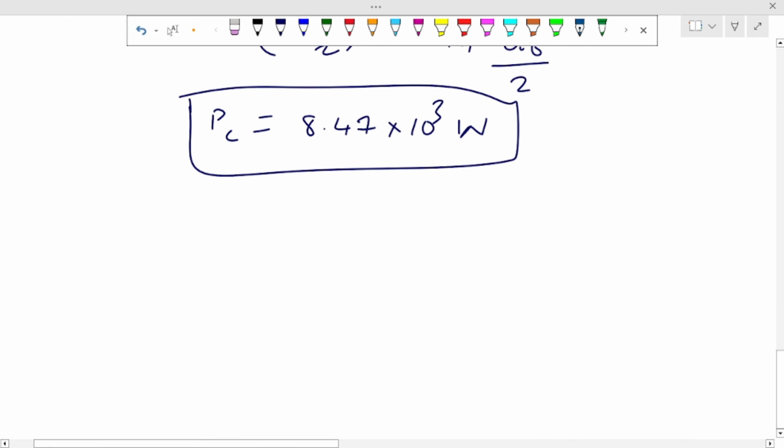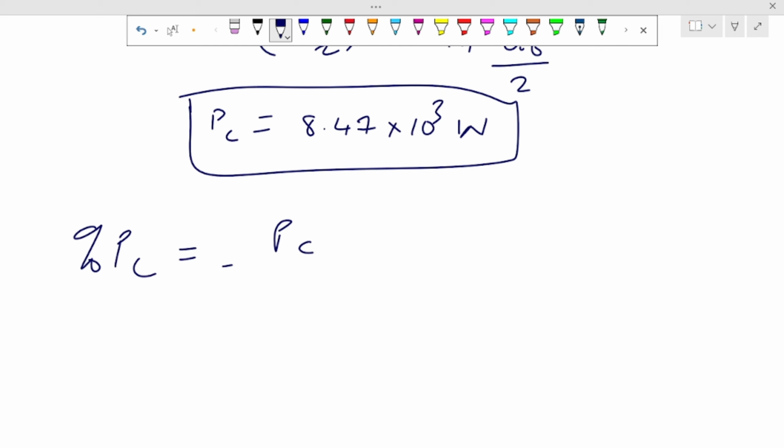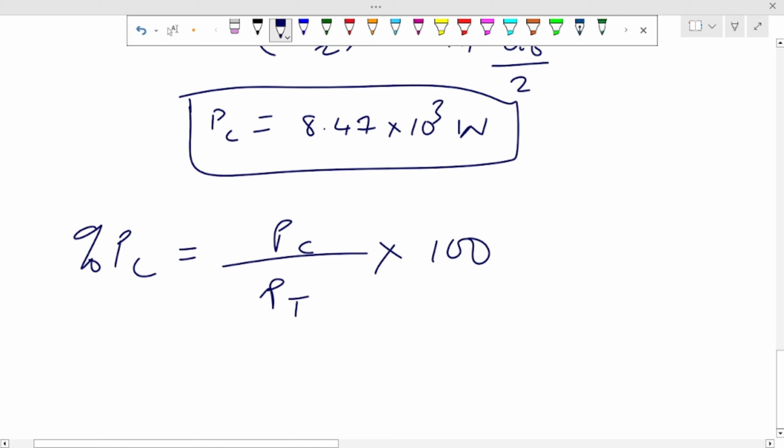So percentage will be what? Let me do it this way. Percentage of this will be this over the total multiplied by 100. Simple as that.